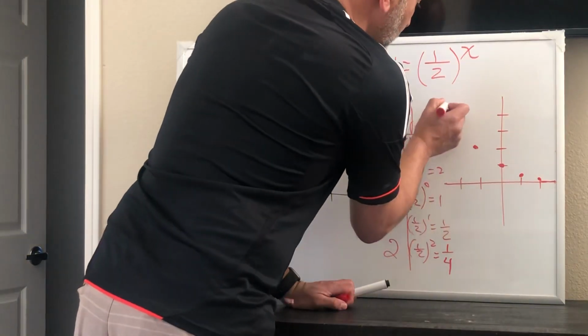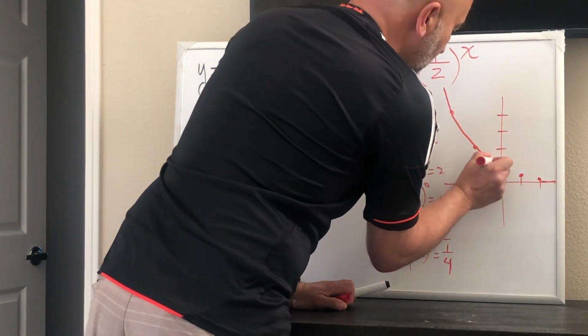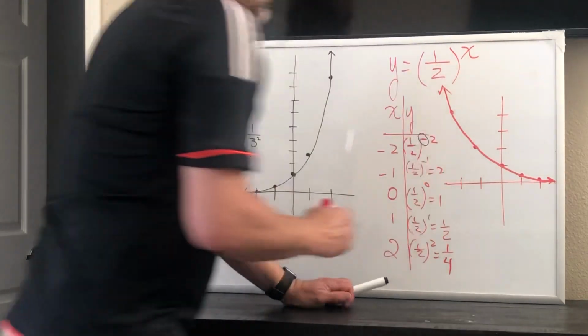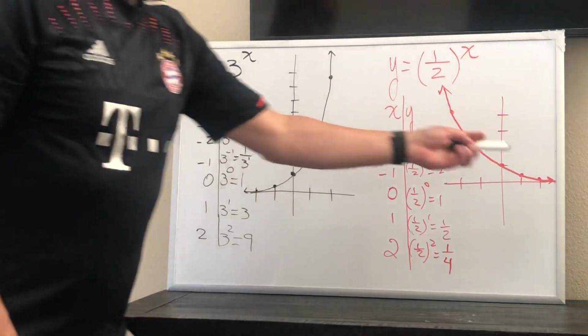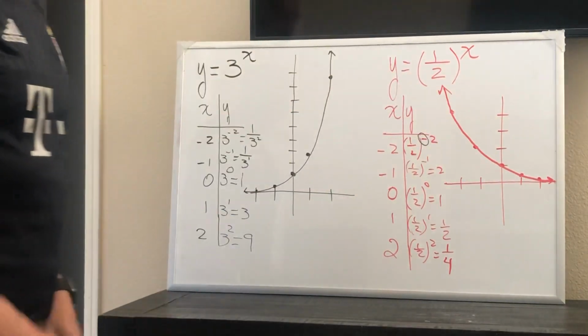So again, connecting these, we get this nice exponential curve, where the right end behavior is 0 and the left end behavior is positive infinity.